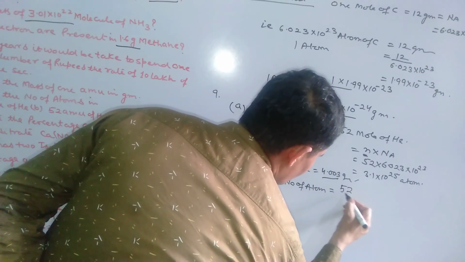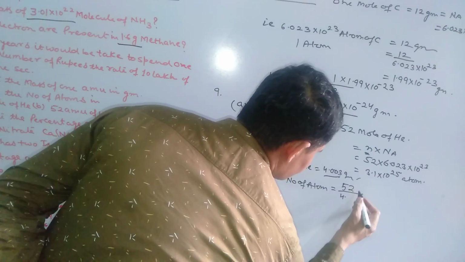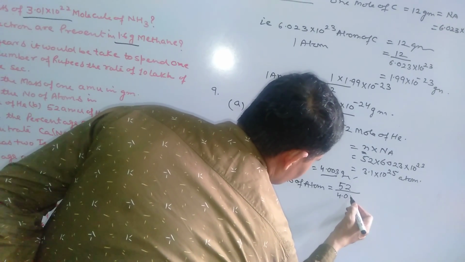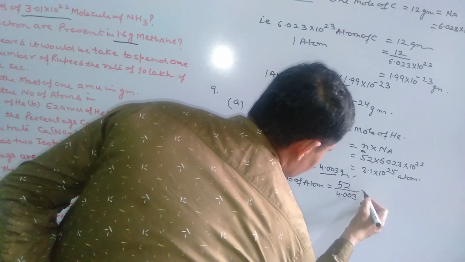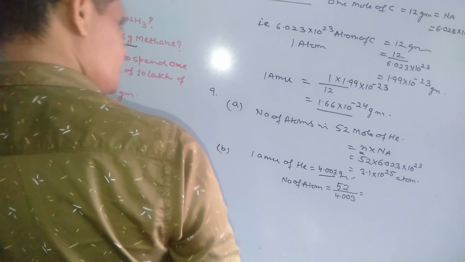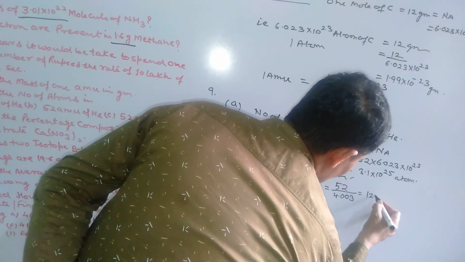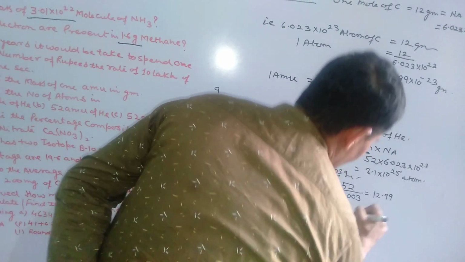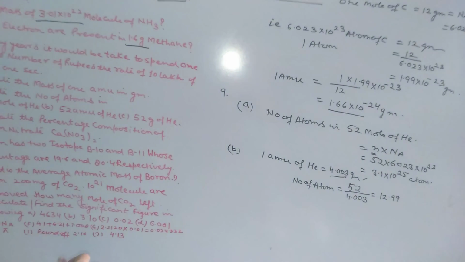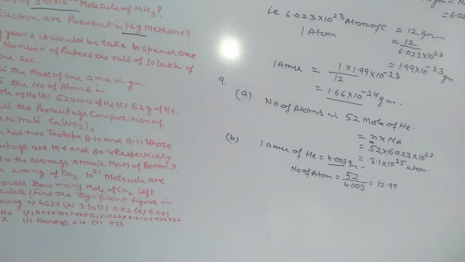52 upon 4.003, hence it will be equal to 12.99 number of atoms.